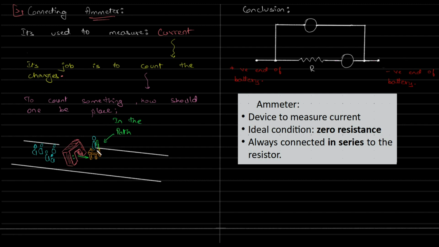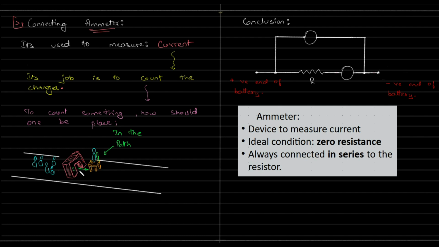So if a person or a device is placed in the path, they'll get to know how many people have passed through the gate. And yes, such things are there even in job places. Even in different companies, they have such ID wherein they get to know when you have logged in, when you have logged out, and all that happens.